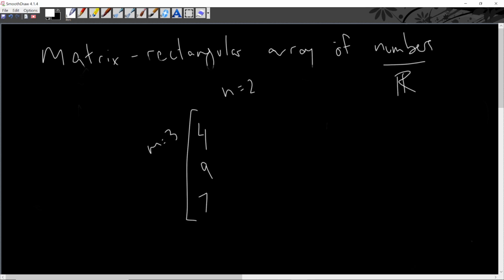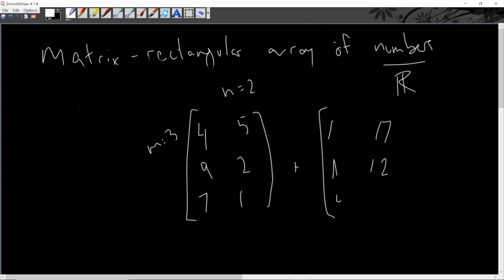We'll have 5, 2, and then 1. And this we're going to add to another 3 by 2, that being 1, 17, 11, 12, 4, 3. I know, I'm really good at coming up with random numbers.